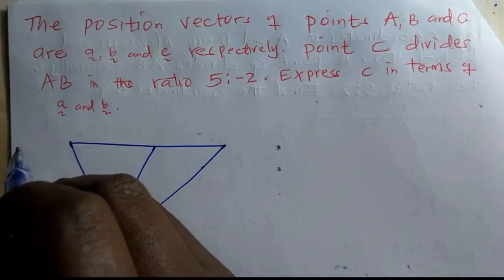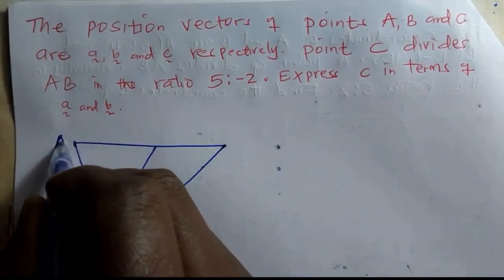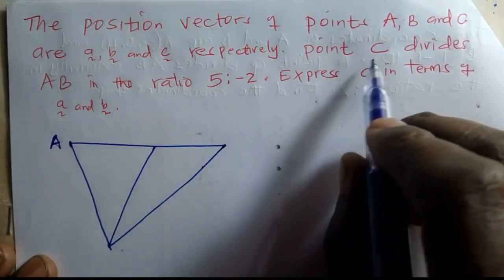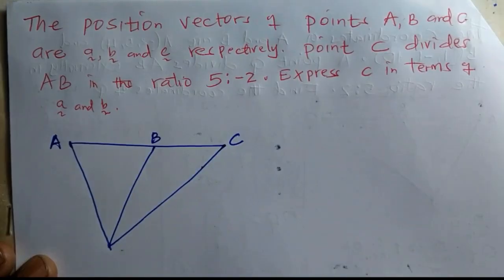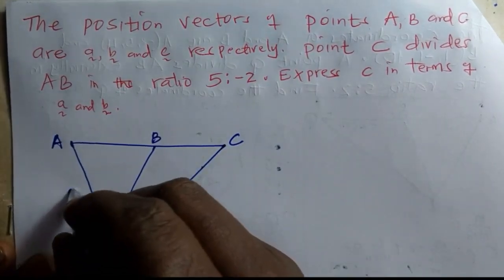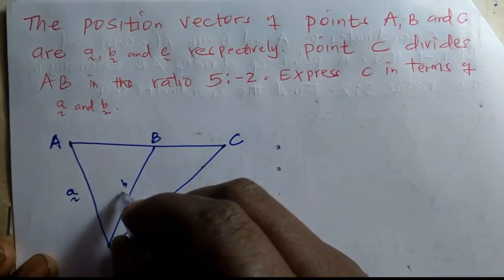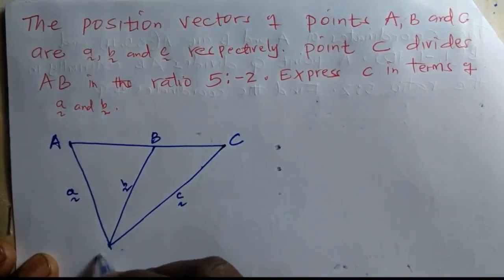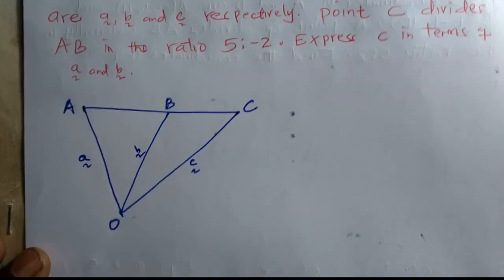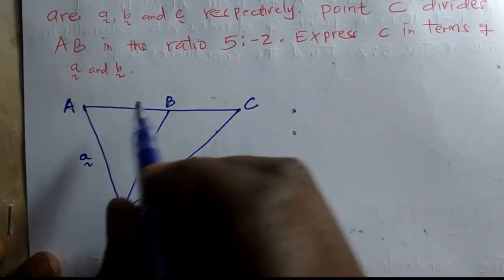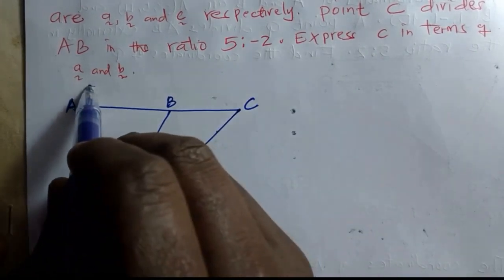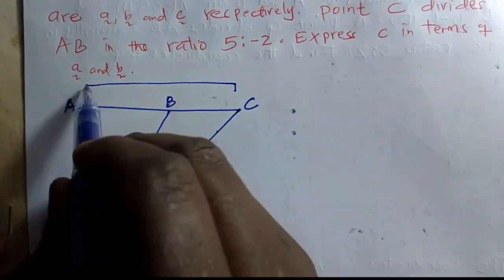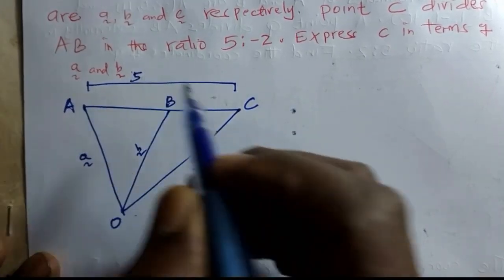So we have A, point C is dividing AB externally. So we have B and C. We have been told this is A, B, and C. This is O. So from A to C, from here to here, it is 5 units.